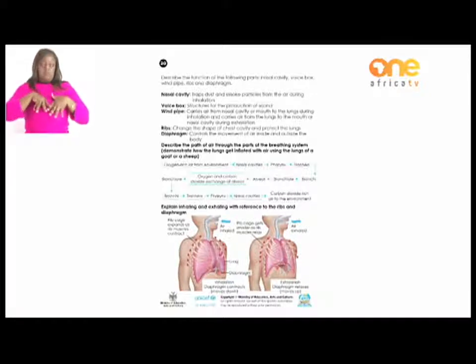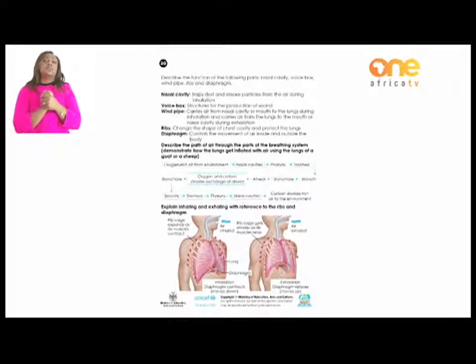Now, we might find ourselves in dirty environments, which are dusty or smoky. The nasal cavity is there to make sure that the dust and all those unwanted particles in the air do not go down into our lungs.